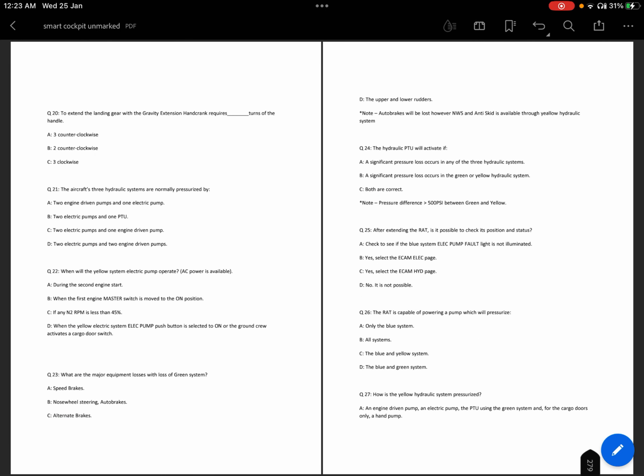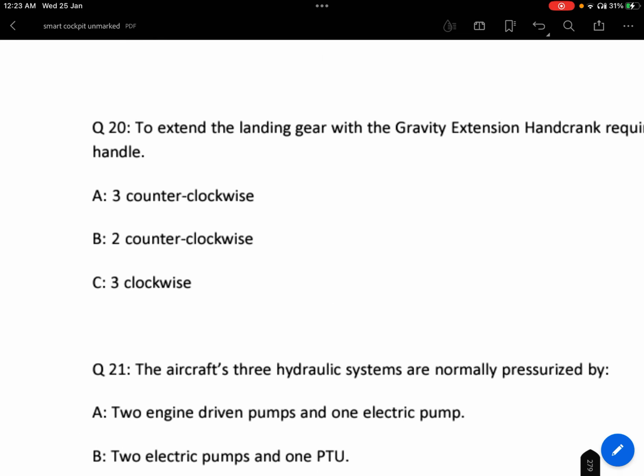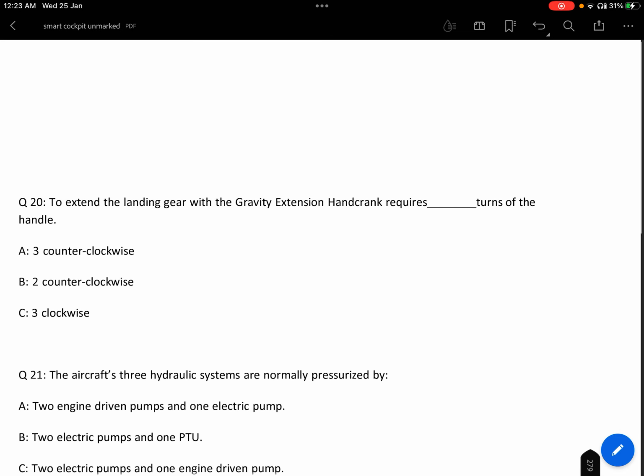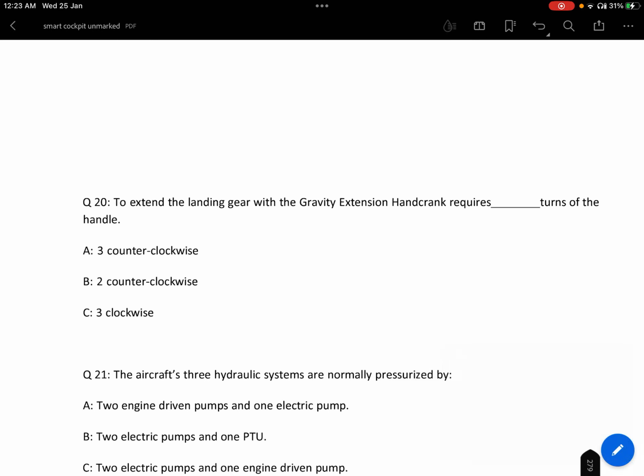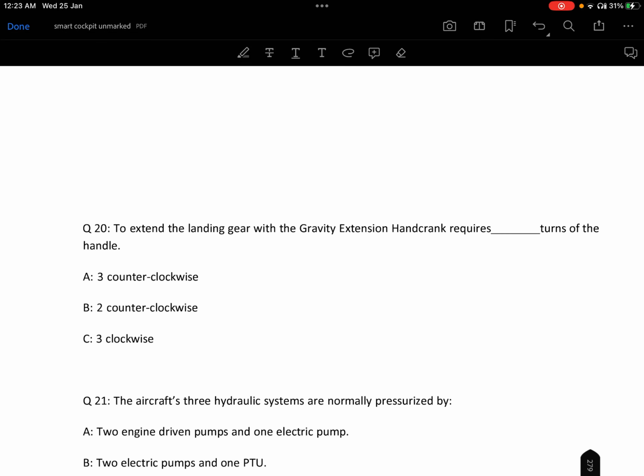Question number 20. To extend the landing gear, the gravity extension hand crank requires 3 clockwise turns, not counterclockwise. Option Charlie. There is a significance. There are proper things going on whenever you turn that gravity extension hand crank.